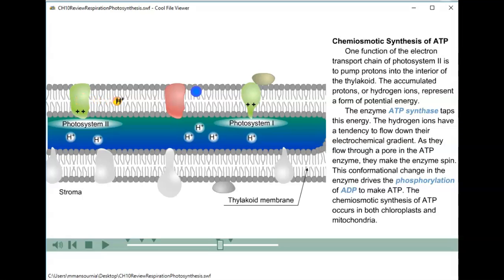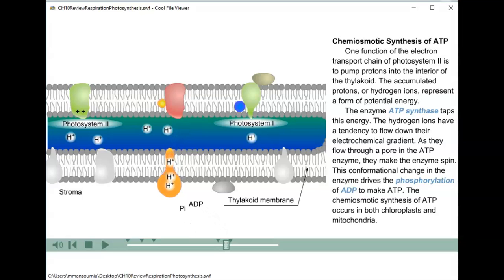One function of the electron transport chain of photosystem 2 is to pump protons into the interior of the thylakoid. The accumulated protons, or hydrogen ions, represent a form of potential energy. The enzyme ATP synthase taps this energy. The hydrogen ions have a tendency to flow down their electrochemical gradient.